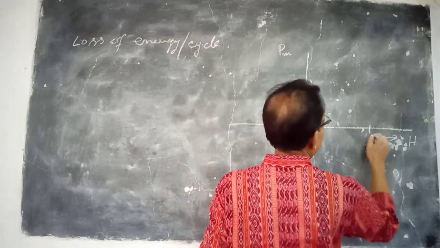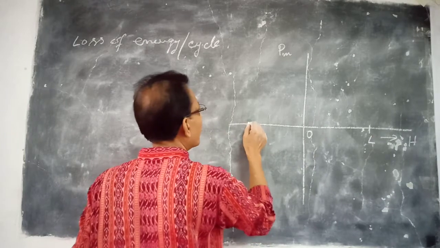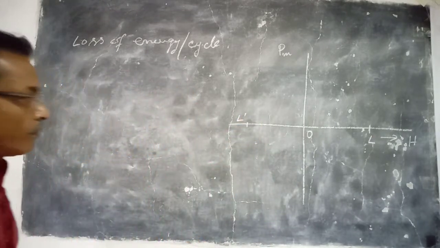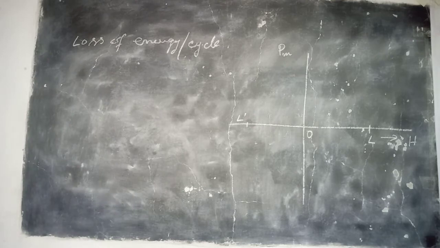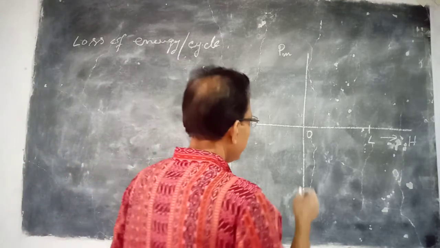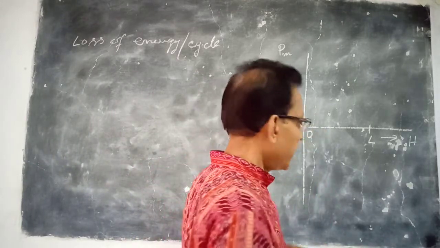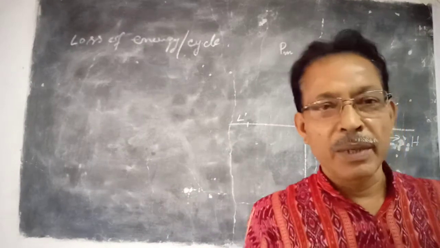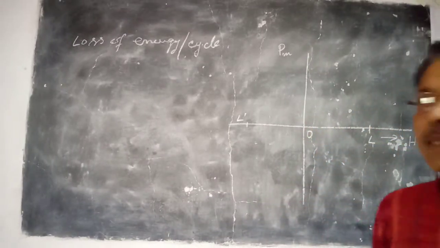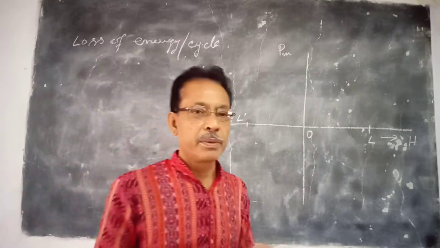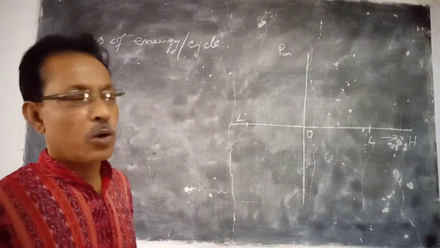Suppose this is the maximum saturation point L, and here it is, suppose L prime. Now when the material is placed in an AC current, in a complete cycle of magnetization, 50 times per second the polarity will change.